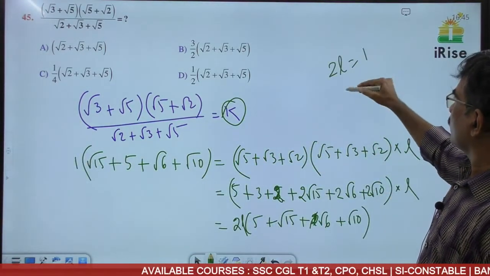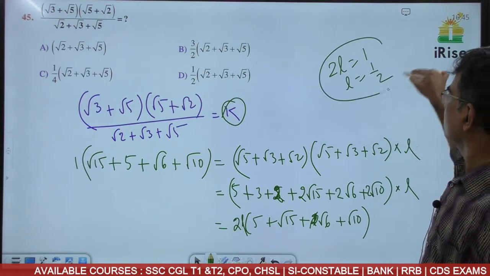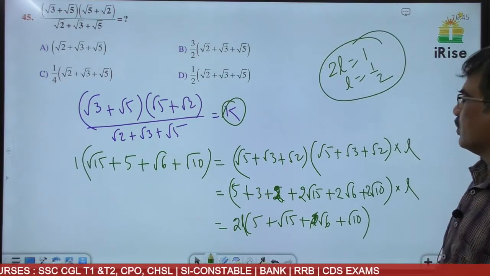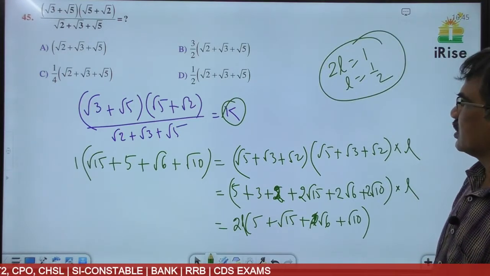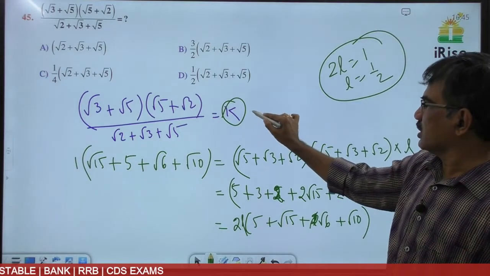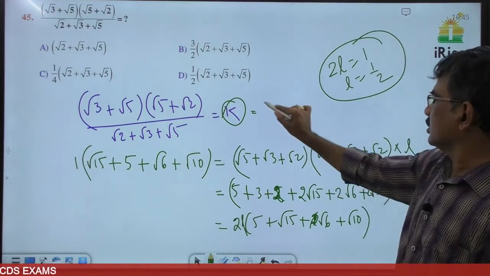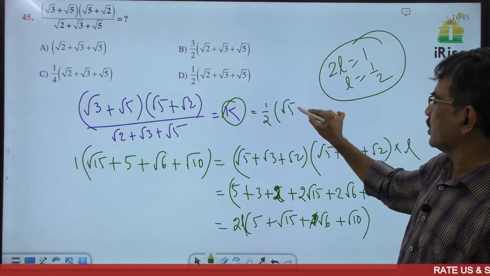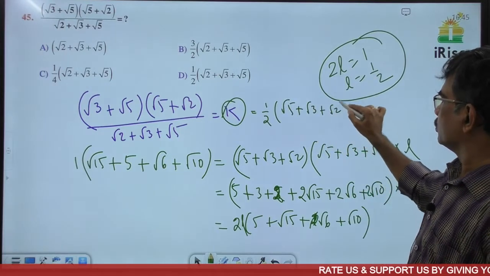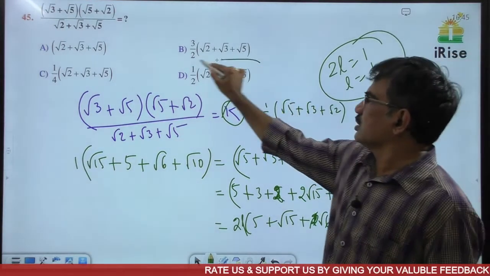If 2L is equal to 1, L can be written as 1 by 2. So in the place of L, put 1 by 2. This is the answer for this question. So what is k? L, that means 1 by 2 into root 5 plus root 3 plus root 2. This is the answer for this question.